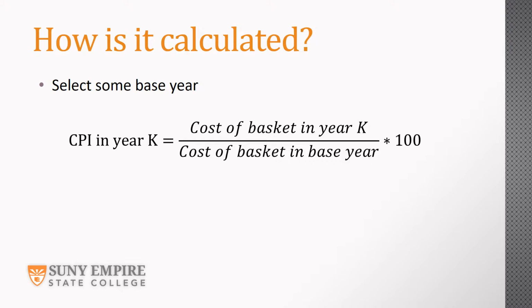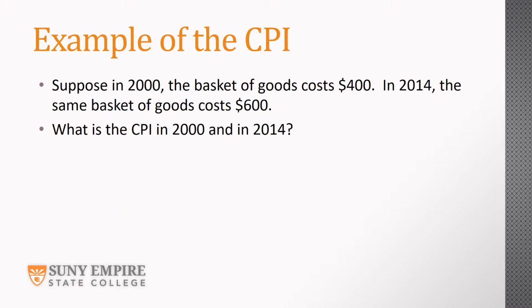Let's see an example. Suppose in the year 2000, the basket of goods cost $400. In the year 2014, the same basket of goods cost $600. We want to find the Consumer Price Index for both years.